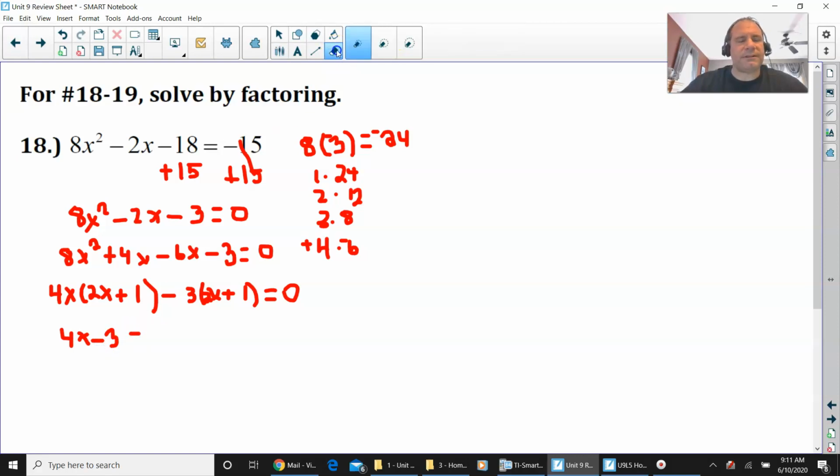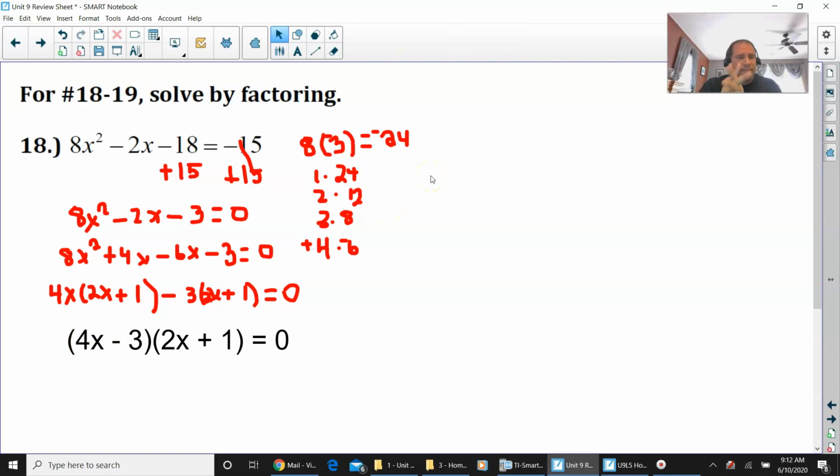Oh, well, I skipped a step. So let me just go a little bit, 4x minus 3 is one binomial, and then the other binomial is, instead of me writing it and butchering it all over the place, I have 4x minus 3 times 2x plus 1, and now I am ready to split up those, creating two equations.